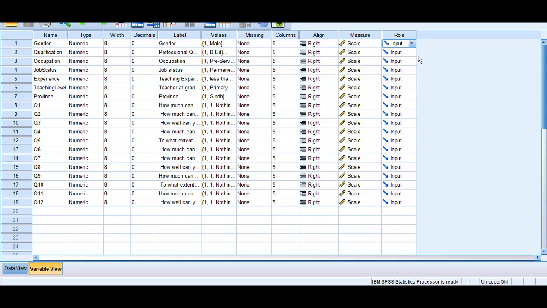But by default, leave it as input, because this kind of role is assigned in complex analysis. Basically, this gives a particular role to each variable, so that whenever you analyze it, SPSS can detect that this is a dependent variable or this is an independent variable. But if you want to analyze it by yourself and decide which one is dependent and which one is independent, then leave it as input, which is the default option.